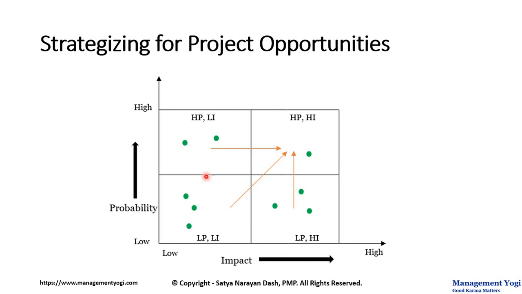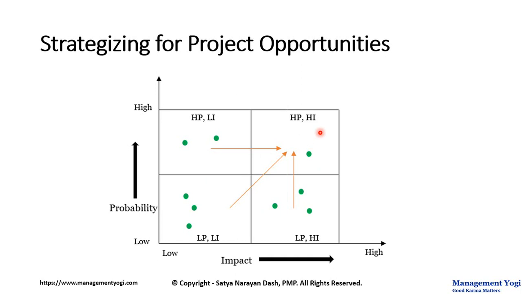Here we have some green circles. The small green circles that you are seeing are with respect to individual positive project risk or project opportunities. What we are trying to do while strategizing for project opportunities is move the risks from all these 3 zones into this zone, that is the top right zone of high probability, high impact.